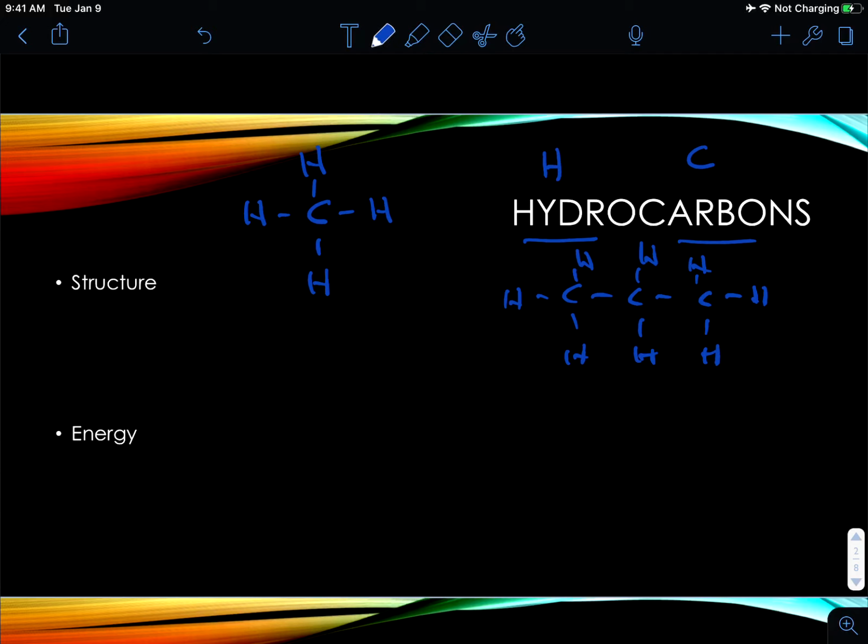So the question then becomes, what makes this a fuel? Where do we get the energy from? When we talk about chemical reactions, we've done this already. I'm going to write a chemical reaction here. It's methane, CH4, plus 2O2, and that's because it needs to be balanced, yields CO2 plus 2H2O.